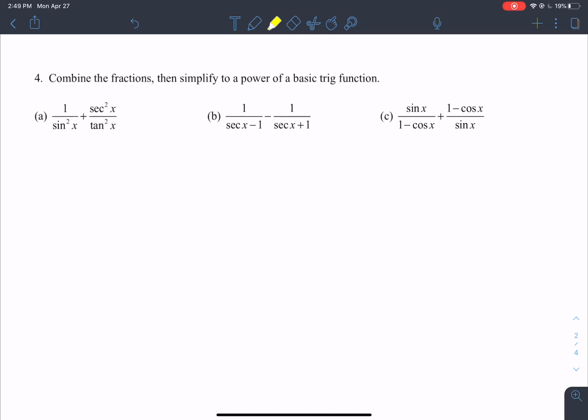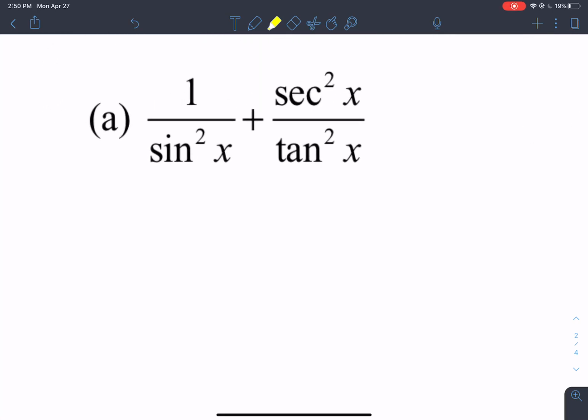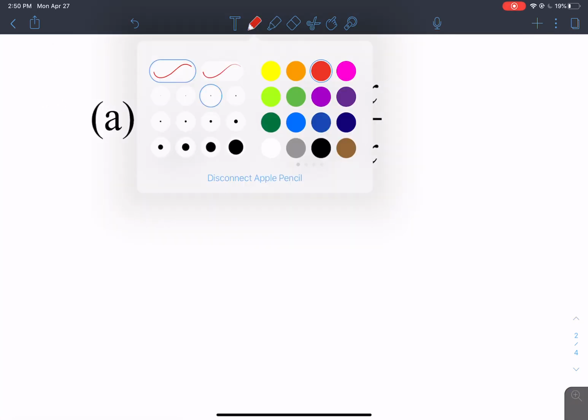Okay, number 4 says combine the fractions and then simplify to a power of a basic trig function. So how can we go about that? Well, when in doubt, change everything to sine and cosine, right?